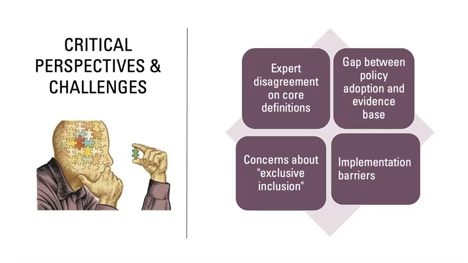The concept of exclusive inclusion raises concern about whether UDL truly serves all students, particularly those with significant disabilities. Implementation barriers include technology, infrastructure needs, faculty training requirements, and maintaining instructional consistency.